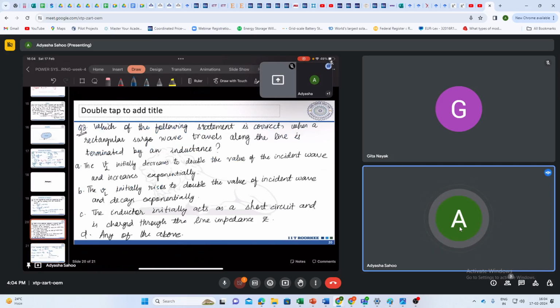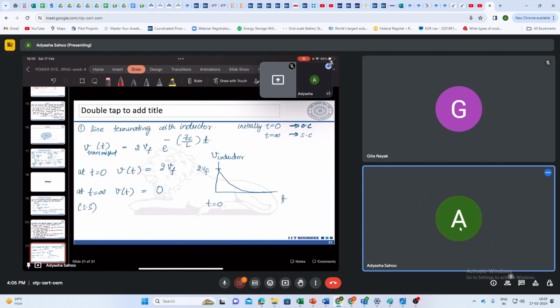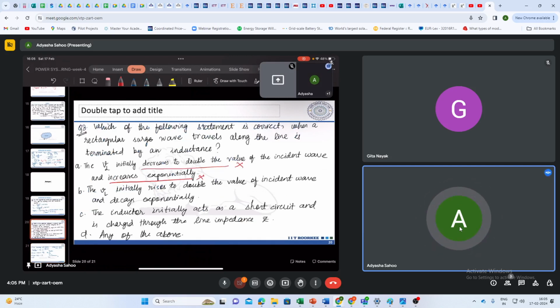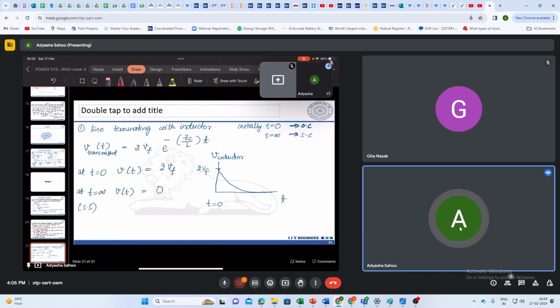It is saying VL initially decreases to double the value. So decreases to double, this is wrong, and it is also saying it is increasing exponentially. But here we can see it is decreasing exponentially.